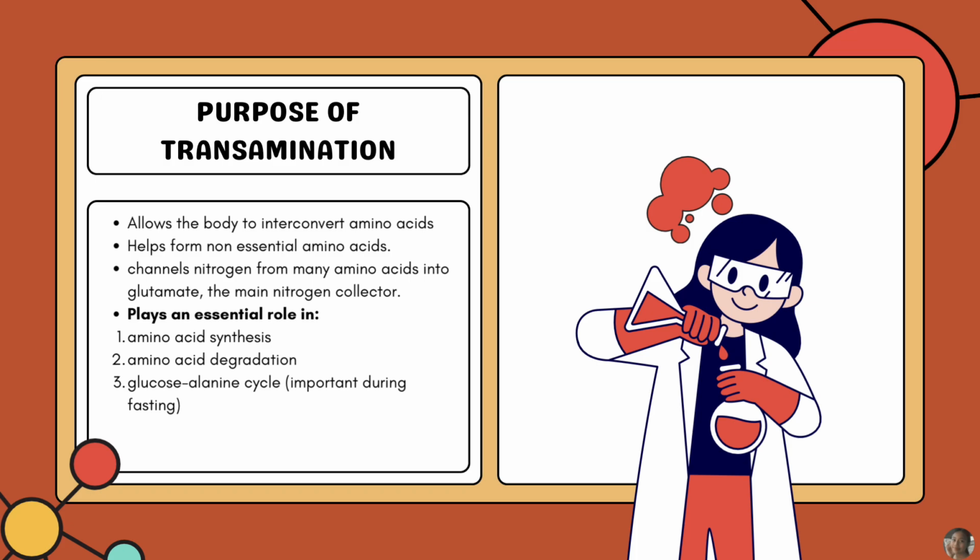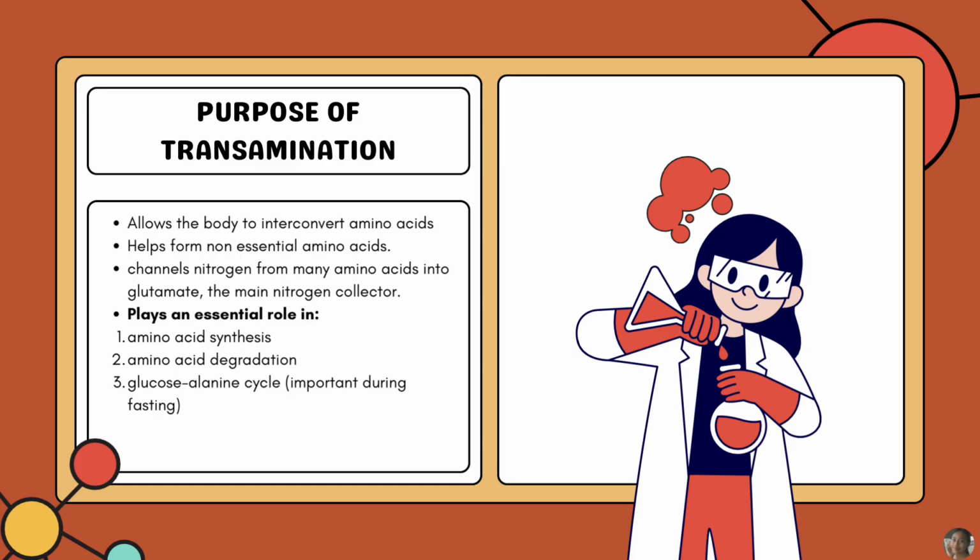It is a reversible process that allows the body to form non-essential amino acids that we need using the carbon skeletons and nitrogen from other existing amino acids, while also helping us with nitrogen collection as it acts as a funnel, channeling nitrogen from dozens of different amino acids into one central molecule such as glutamate. And this is the main nitrogen collector.